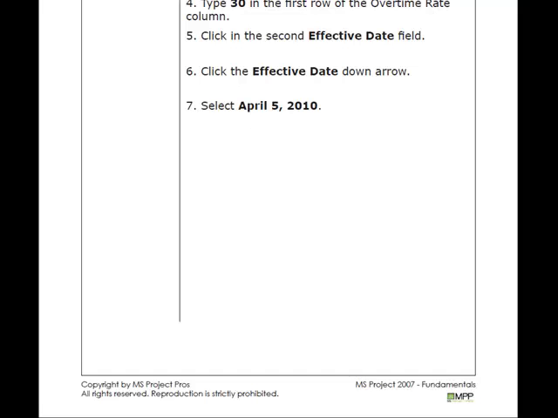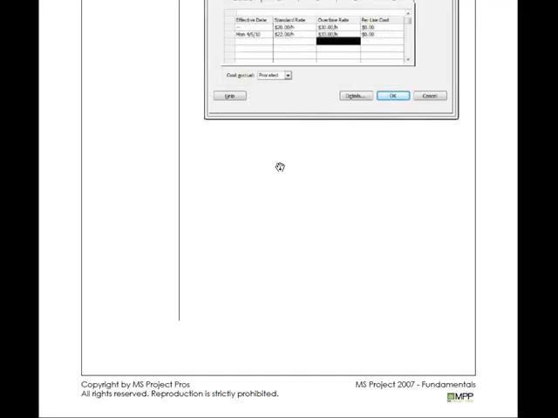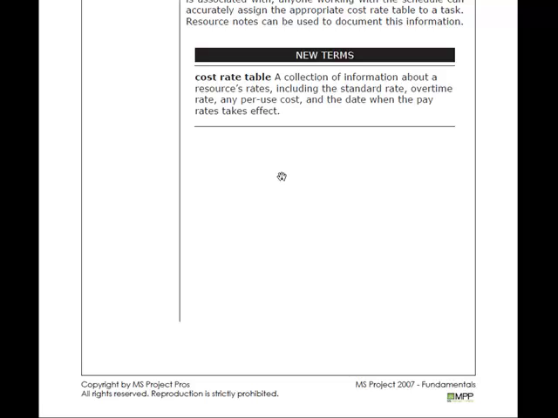Maybe they get some type of certification, or they graduate from a certain school, or something changes within how they're part of the team, and you need to make sure that their rate changes as of a date. And so we'll do that within the resource information dialog box. We'll see that.